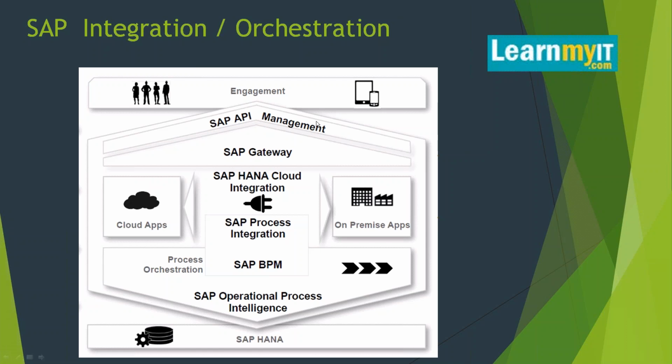These are different types of gateways that are available, where your base HANA database or SAP database is at the bottom layer, and that can be exposed to the outer layers, or you can also integrate with cloud applications or on-premise applications using your process integration.